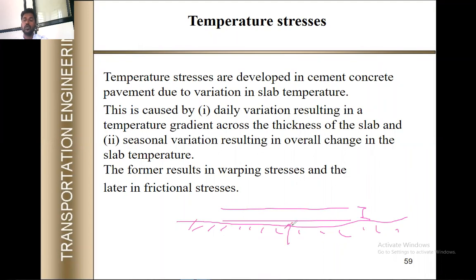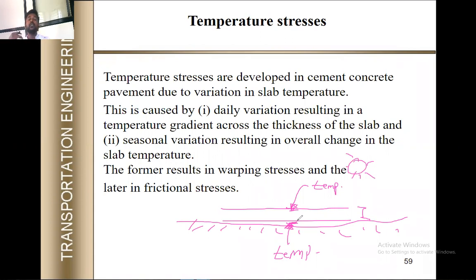So this is the subgrade soil or the base. Whatever the temperature below, and due to the heavy increase in temperature, the temperature at the top layer of the concrete layer is different than the temperature at the bottom layer. The top layer of the slab is different due to the heat of the sun, and at the bottom it is connected with the subgrade soil, so the temperature will be different.